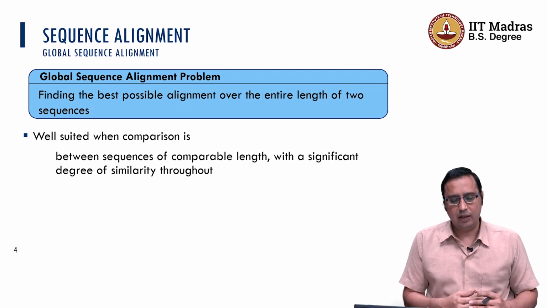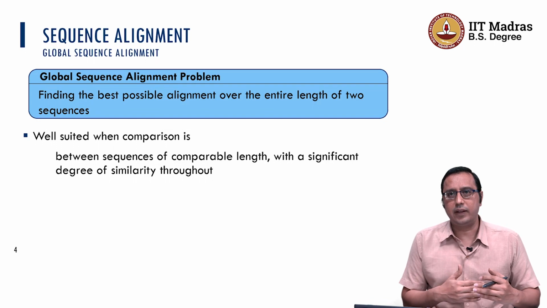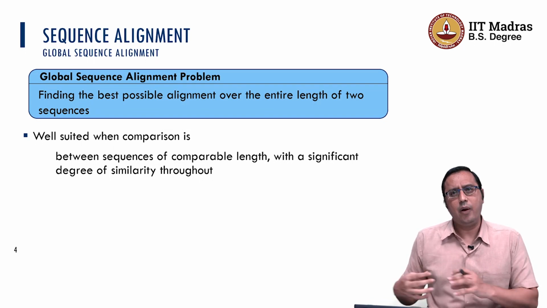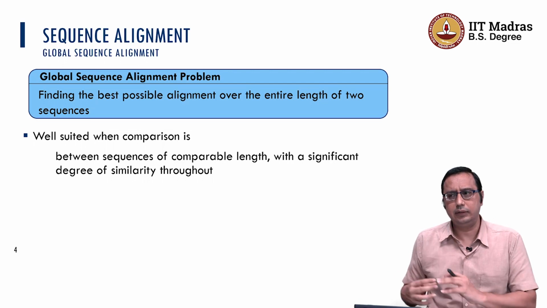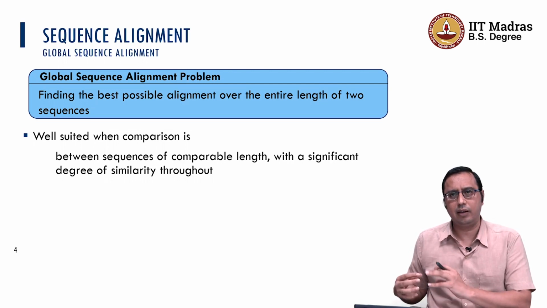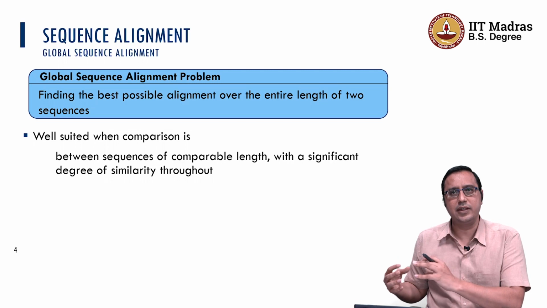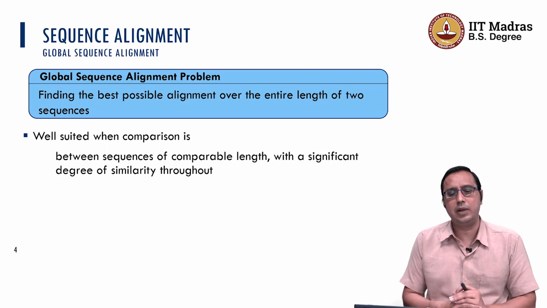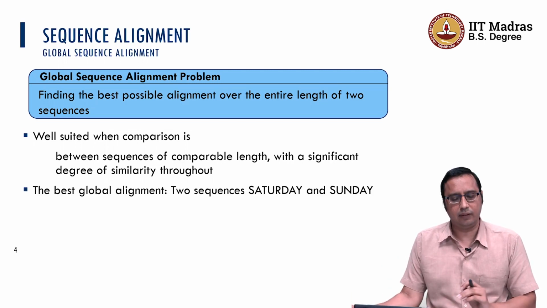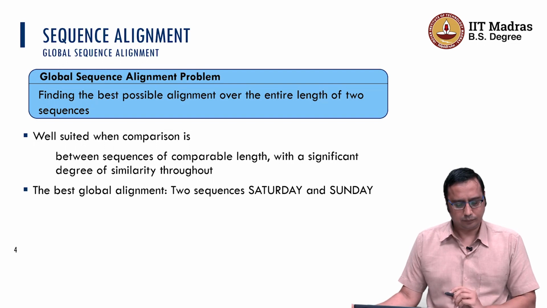In that case, it is highly likely that both of these sequences have a larger similarity throughout, with some small dissimilarity, or some parts of the sequences are dissimilar. In that case, global sequence alignment is formulated.